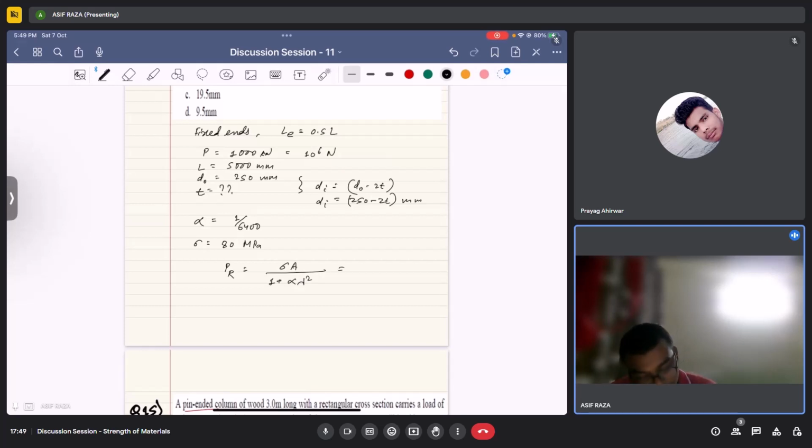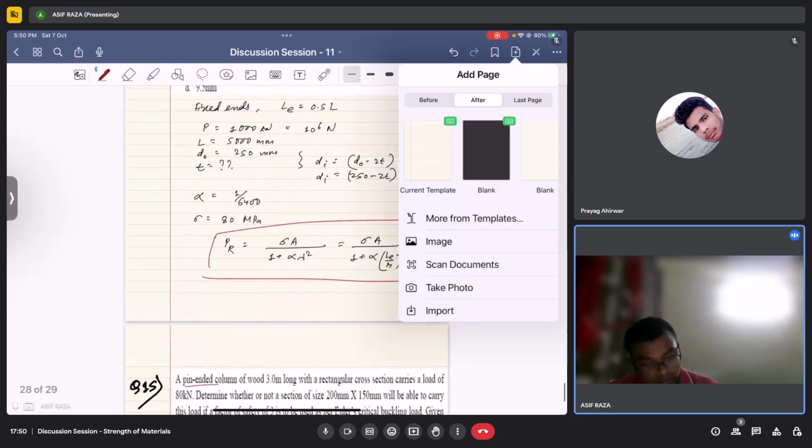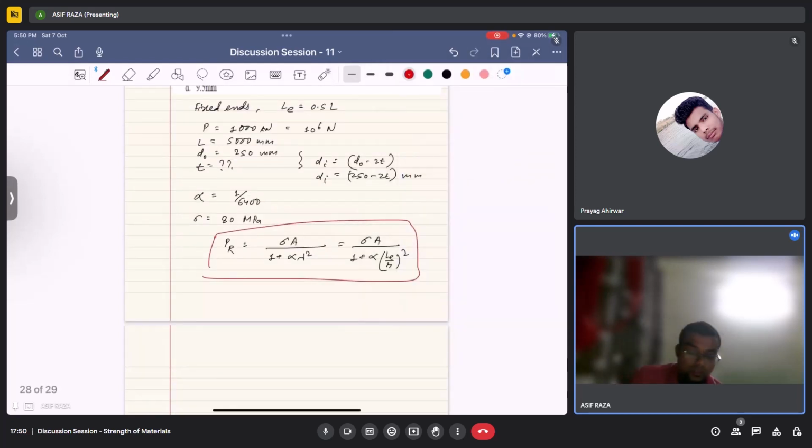And sigma times A upon 1 plus alpha, lambda is what? Le upon r whole square. Right, so this is what we need to use. So let's calculate everything that is required.